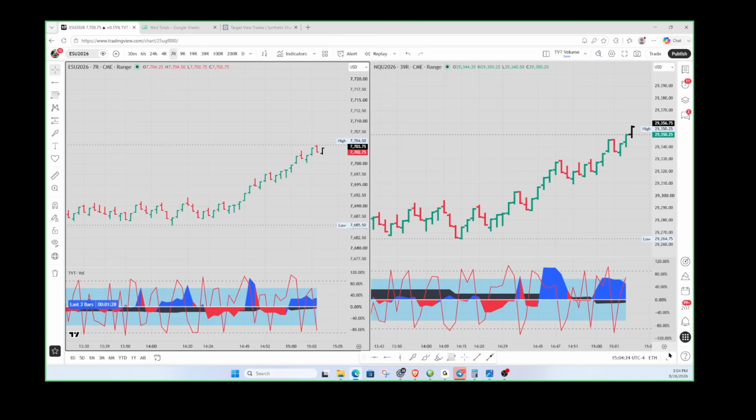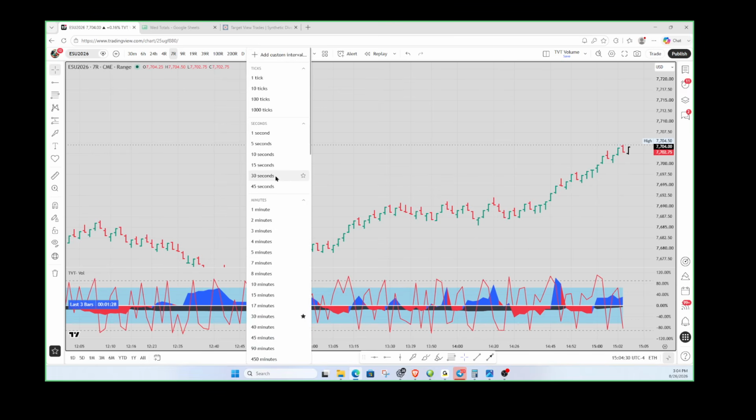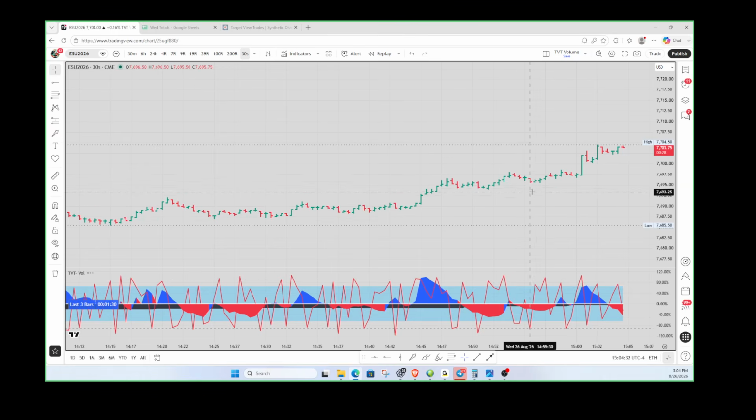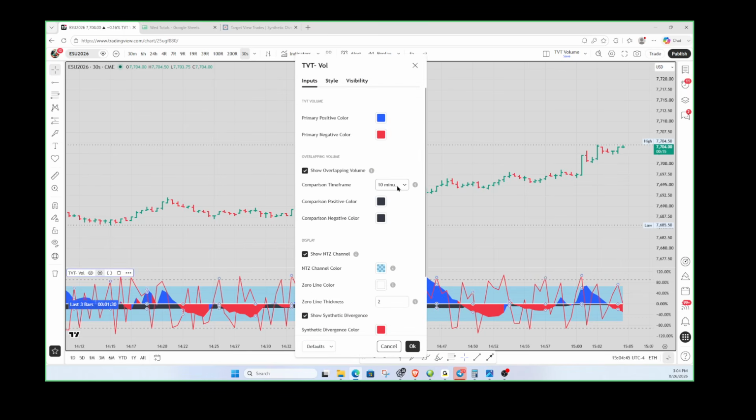If you want to do the ES, you can do the ES even smaller than a minute. You got to have a certain level to do smaller than a minute, but you can do like 30 seconds. The bars aren't that big when it's a 30-second thing, so your risk isn't going to be that big. And if you're going to do a 30-second, then you're going to want to set the larger time frame to something other than 10 minutes, like maybe 1 minute or 2 minutes.